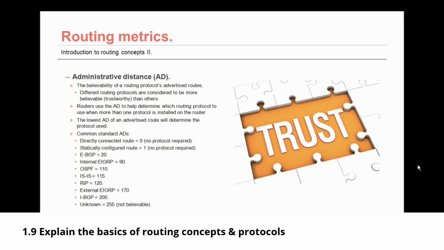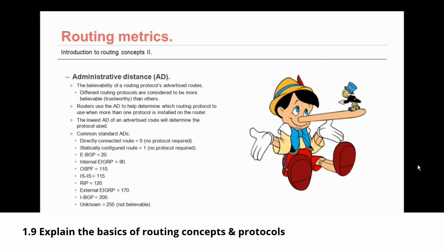Different routing protocols are considered to be more believable or trustworthy than others. Routers use the AD to help determine which routing protocol to use when more than one protocol is installed on the router. The lowest AD of an advertised route will determine the protocol that's used.